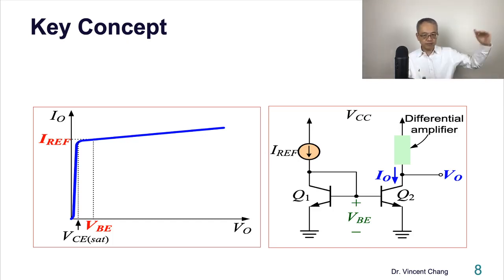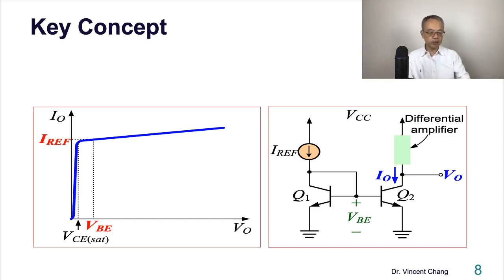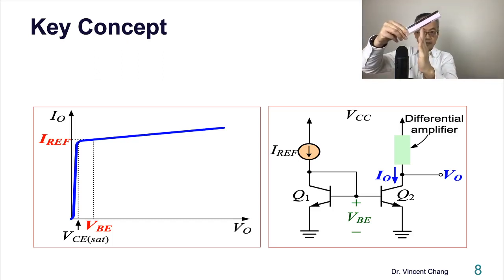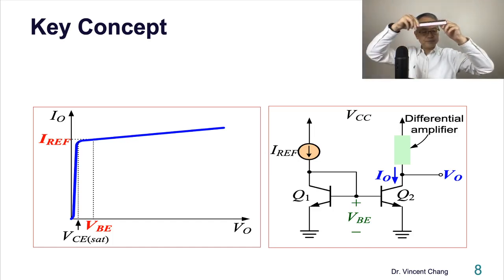We send in from the outside, the horizontal axis is VO, an AC output voltage, and see how the AC output current is going to respond. In other words, we send in an AC output voltage and see how the AC output current is going to respond.